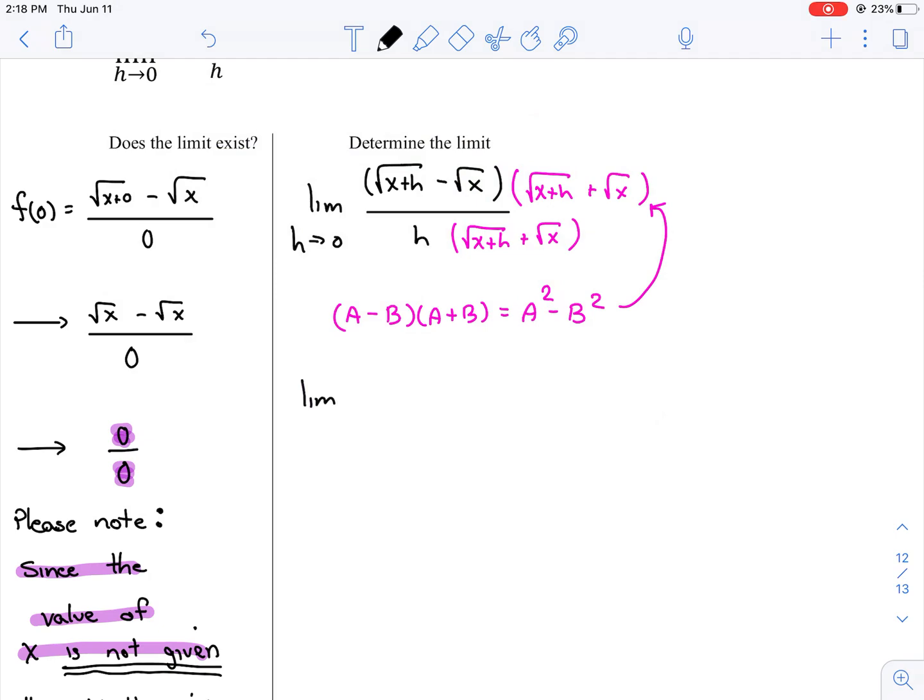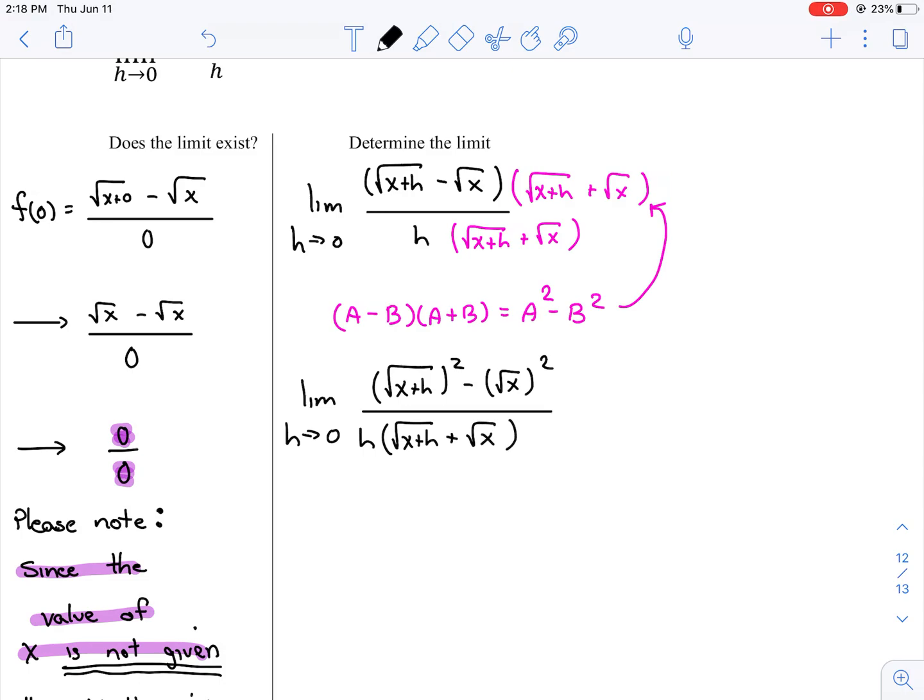So this is the limit as h approaches 0 of the square root of x plus h squared minus the square root of x squared divided by h times the square root of x plus h plus the square root of x.